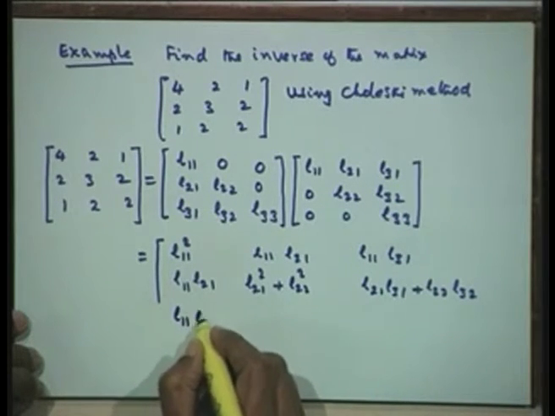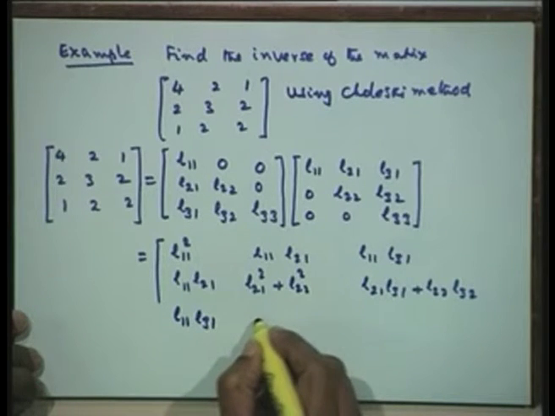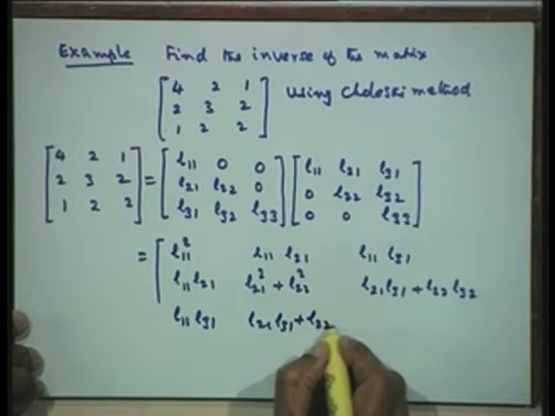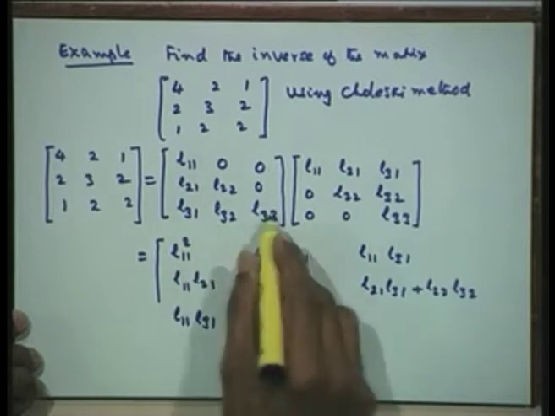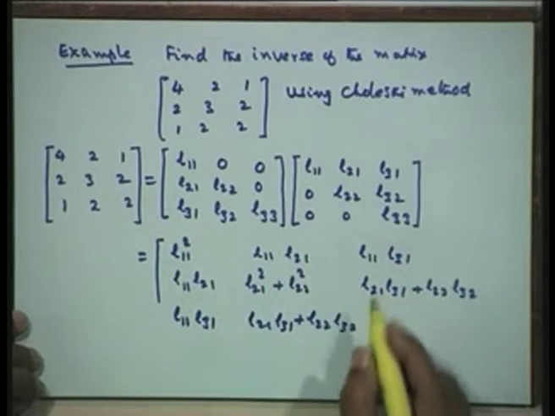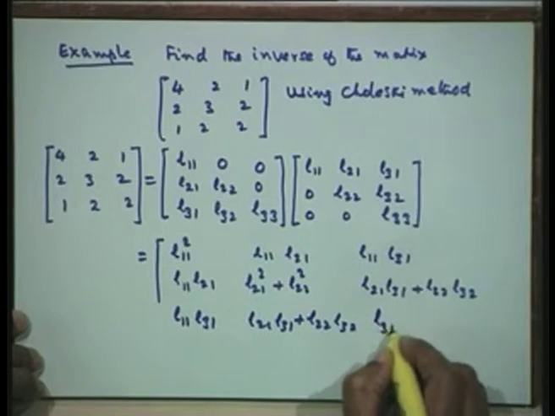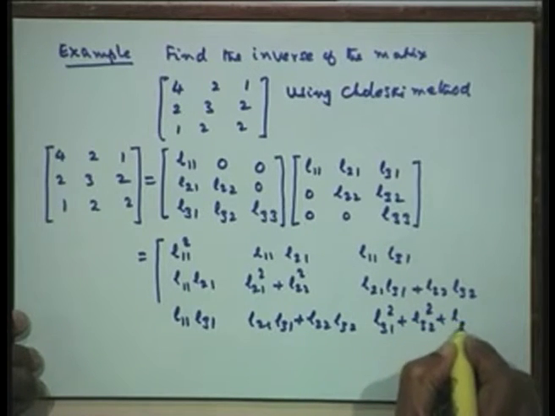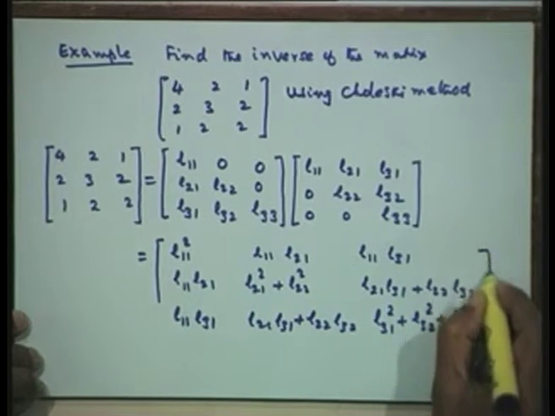Then we will have L 1 1 L 3 1, then L 2 1 L 3 1 plus L 2 2 L 3 2, that is third row second column, and lastly we will have L 3 1 square plus L 3 2 square plus L 3 3 square.